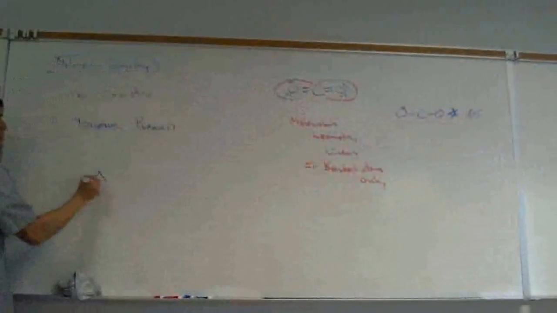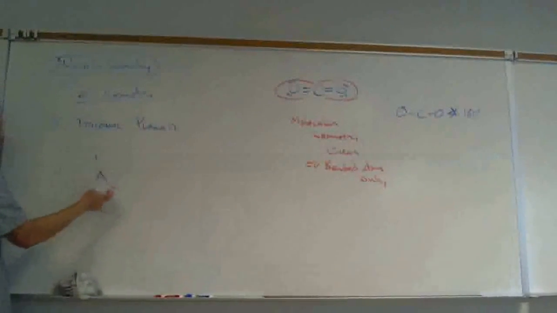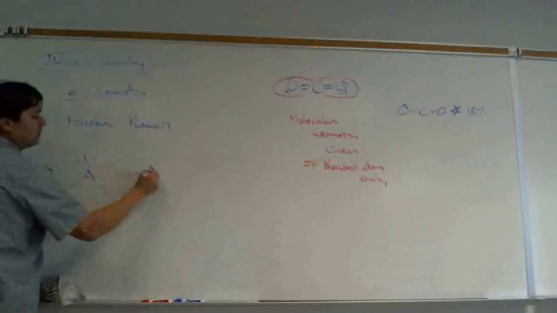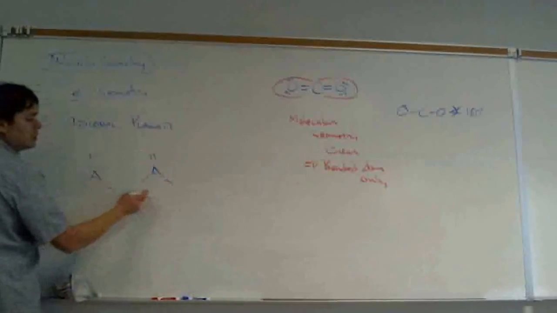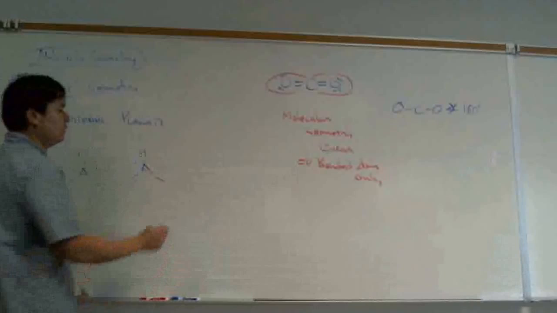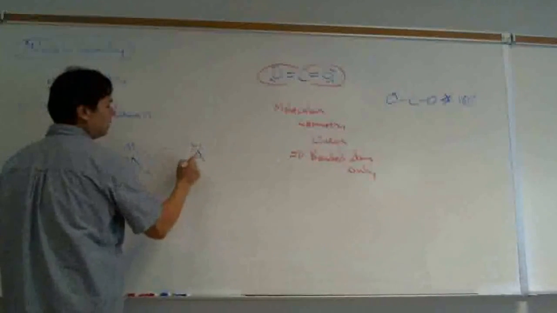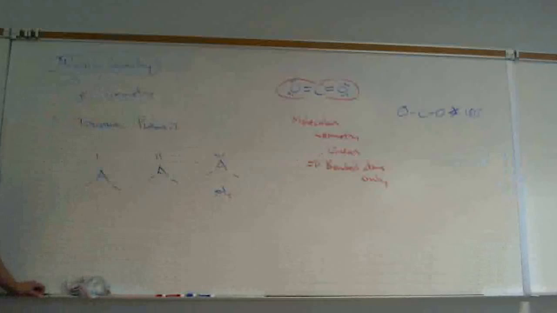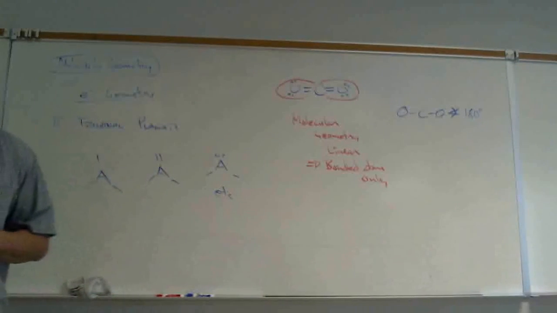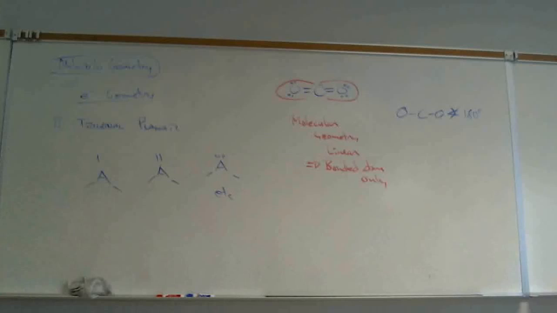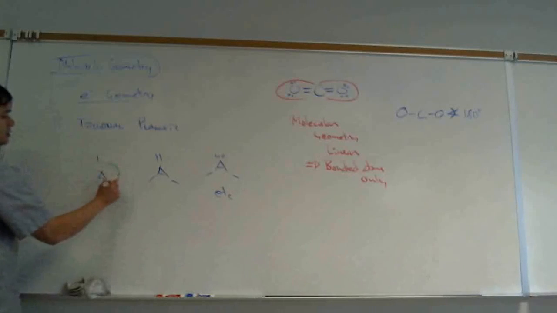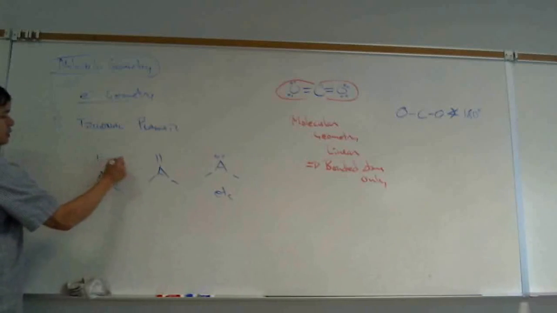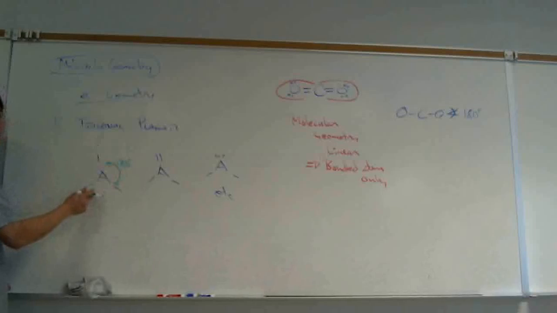So trigonal planar, we could have three single bonds in this triangular arrangement, or we could have a double and two singles, like in formaldehyde, or we could have a lone pair and two singles, etc. These are all examples of trigonal planar. Normally, the angle between these electron groups is 120 degrees, all the way around.